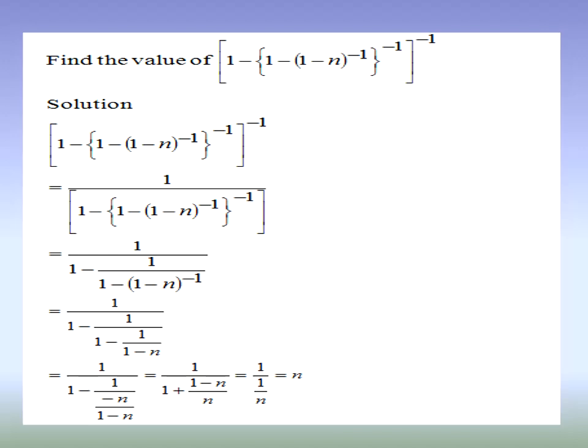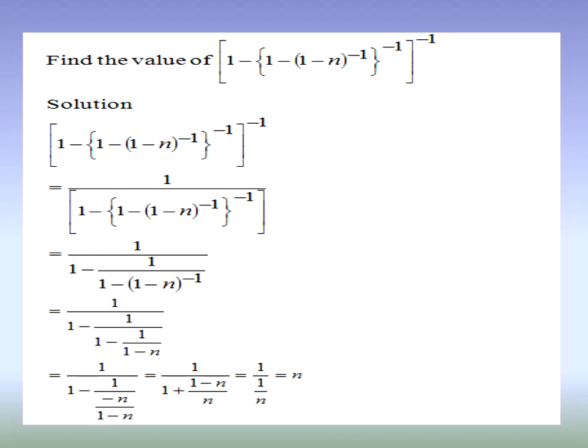So only the first whole to the power minus 1 is eliminated. Next step. Now again we need to eliminate the to the power minus 1 after the second bracket. So again use the same condition. So that becomes 1 by 1 minus 1 by 1 minus 1 minus n whole to the power minus 1.